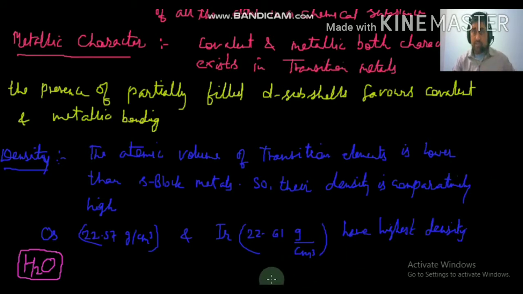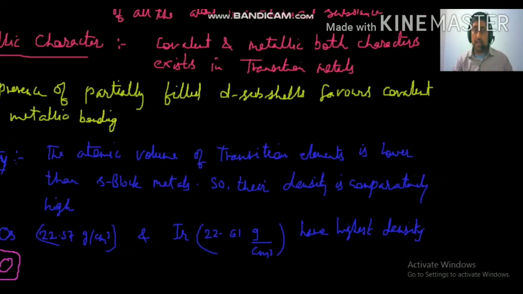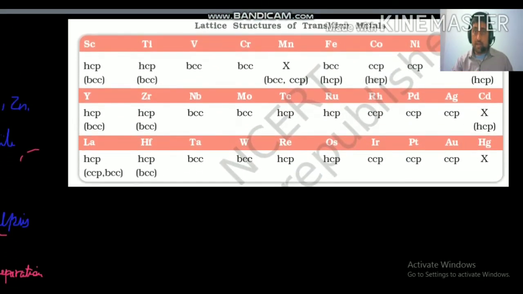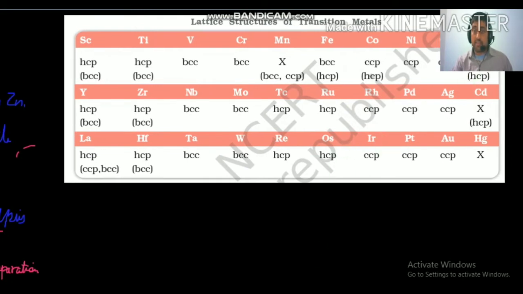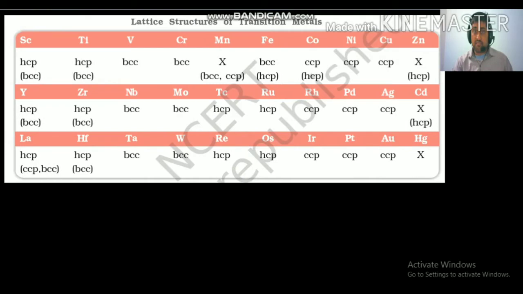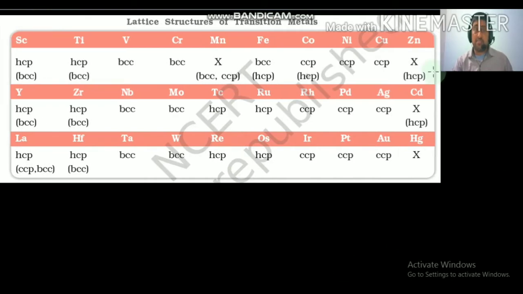Before we proceed further, let me show you some physical occurrence, in what form they are found in nature, the different crystal forms and different lattice structures of transition metals. Here you see the 3D, 4D and 5D series: scandium, HCP and BCC both.